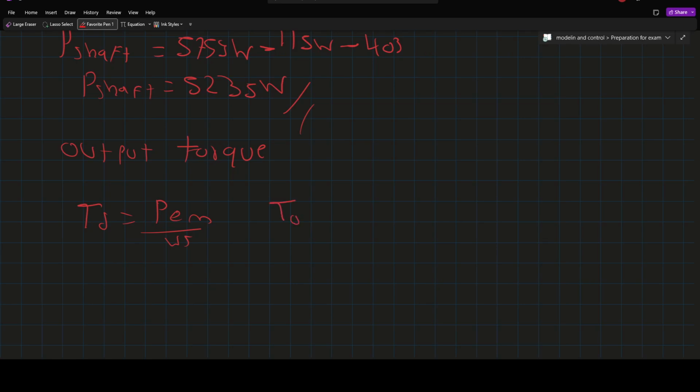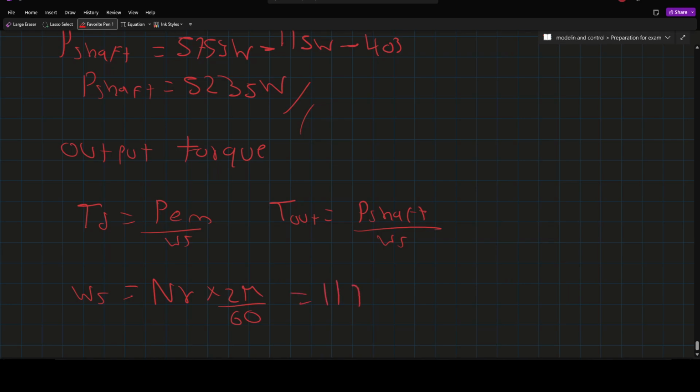But our output torque is going to be equal to our power in the shaft over our omega. To figure out omega, we know that we have the speed of the rotor, and we just need to multiply it by 2 pi over 60 to get radians per second.